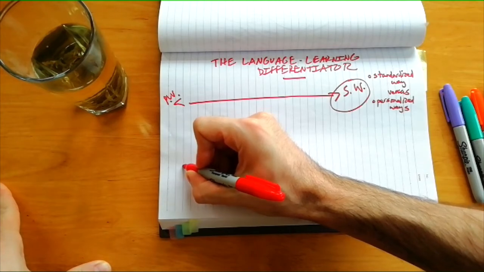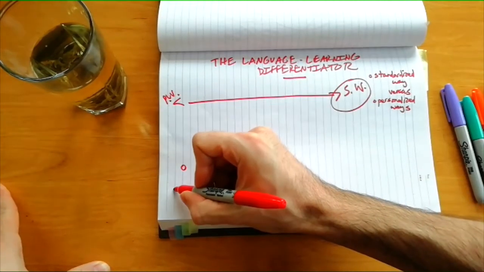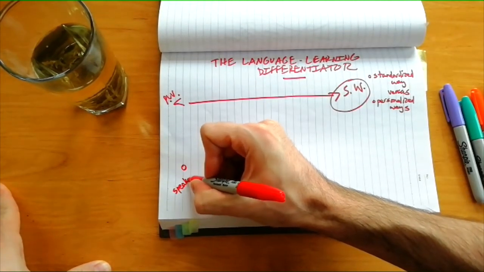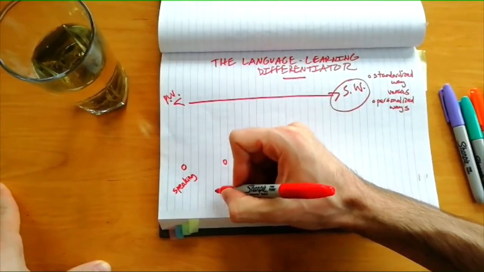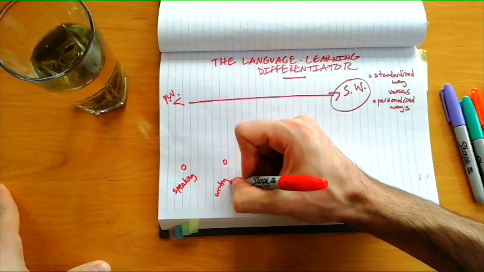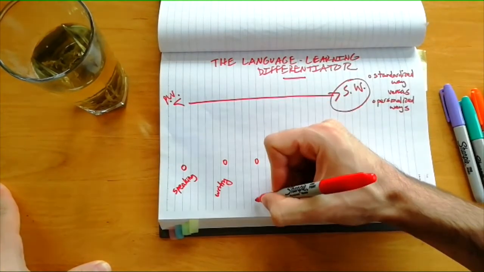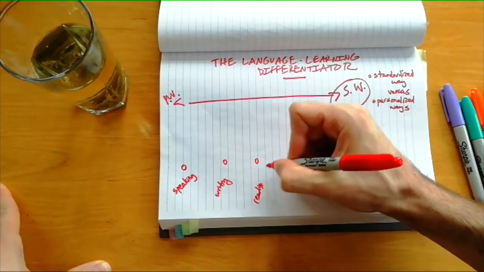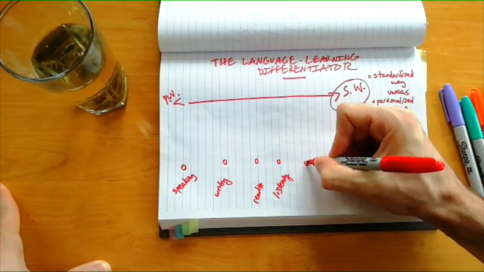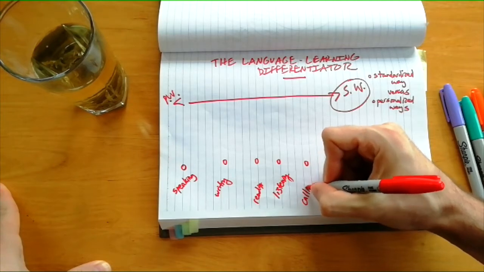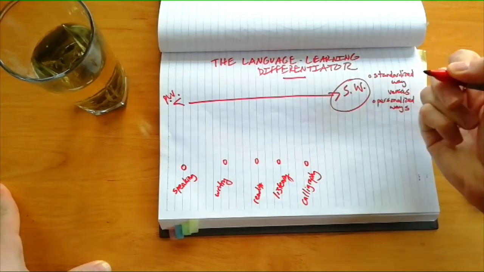People, one point is they might learn speaking. Another point is they might learn writing. Of course, there's reading, there's listening. Some people may study calligraphy.